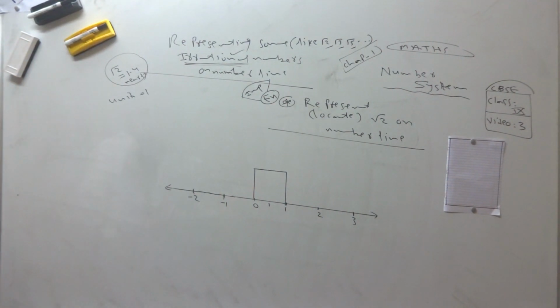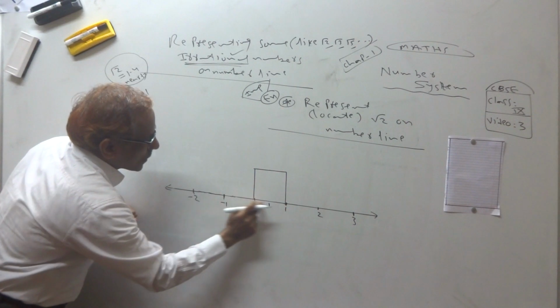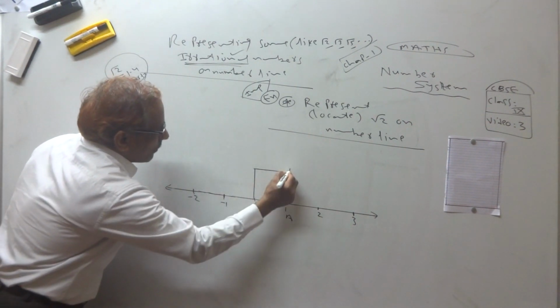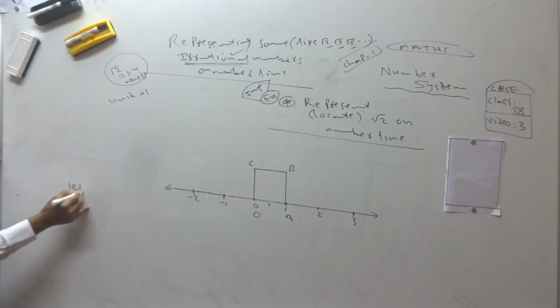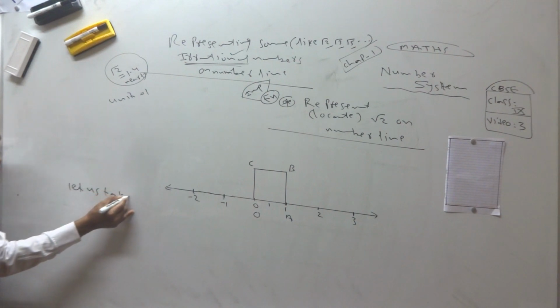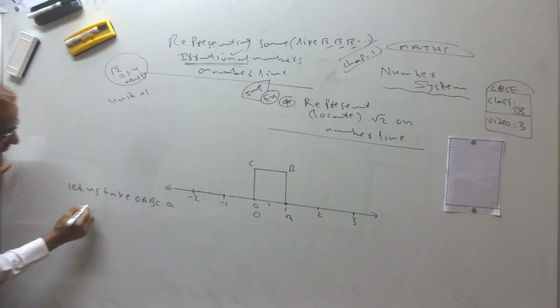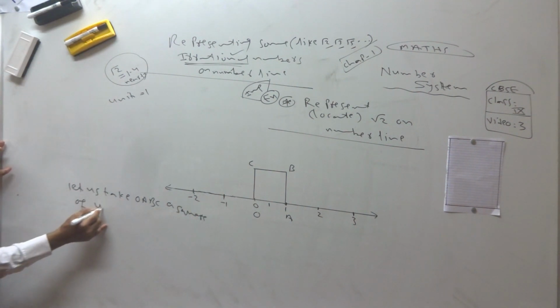So what I am doing now, at 0 and 1 you make a square. We name it O, A, B, C. Here I am writing also side by side. Let us take O, A, B, C, a square of unit length.